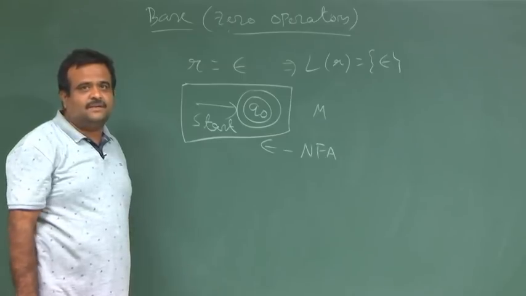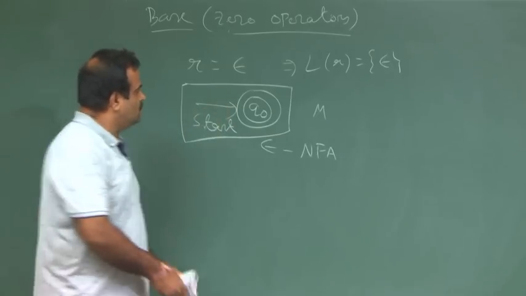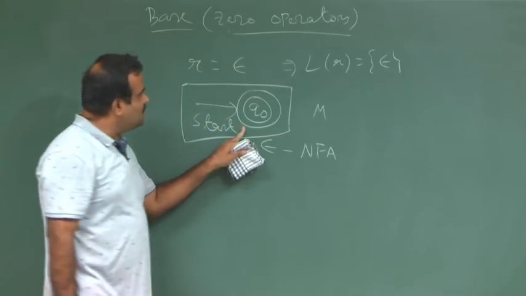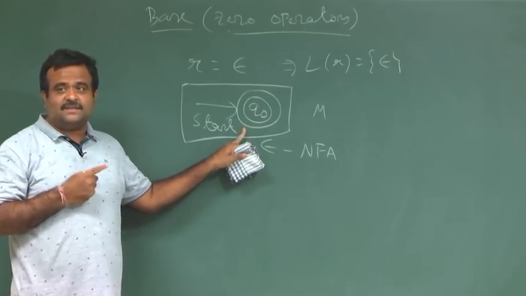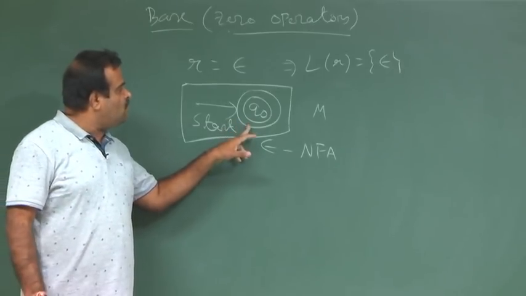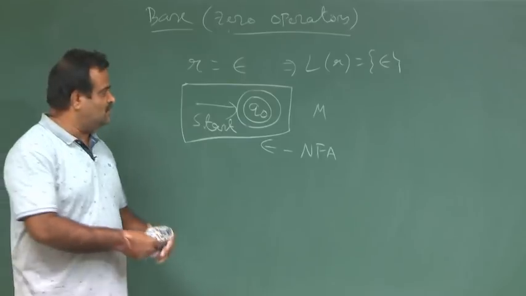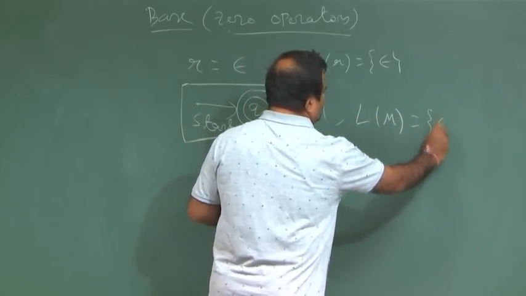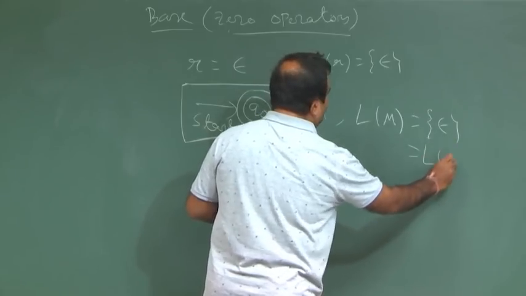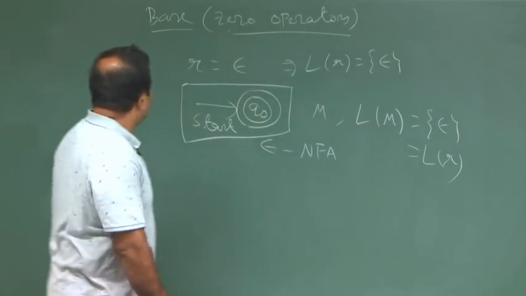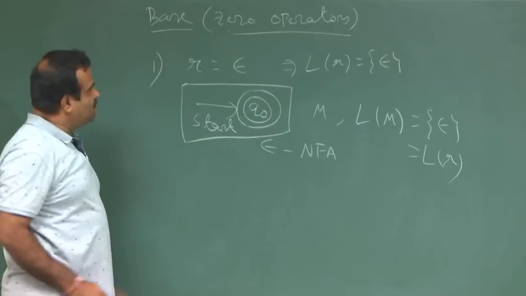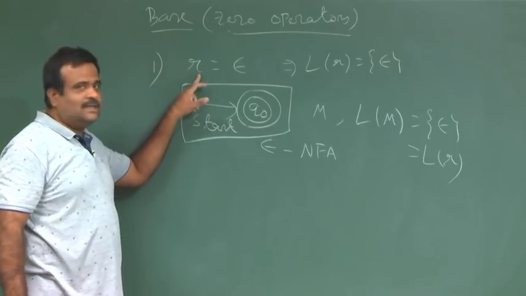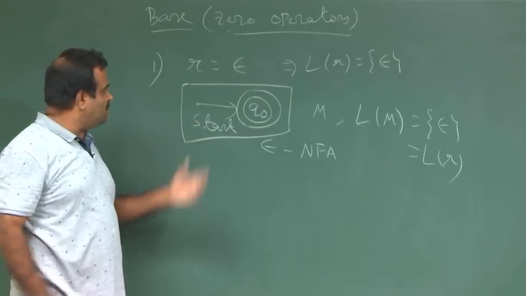Only epsilon it is accepting, because there is no other move, and this is also having only one final state. We have that restriction also, and there is no move from the final state to any other state. So, L of M is just epsilon, which is the same as L of r. So, for the base case, for this case we have the epsilon NFA.